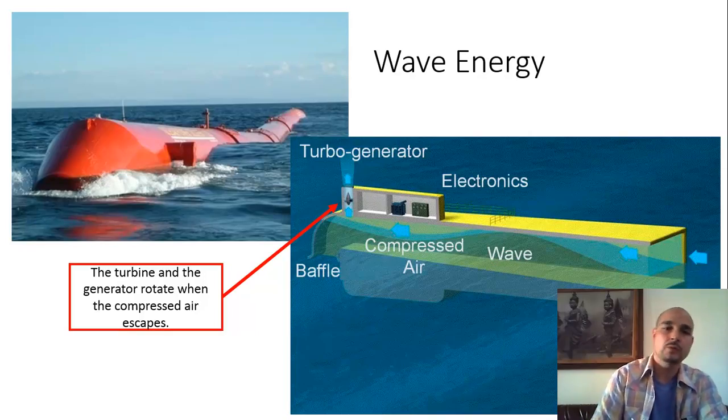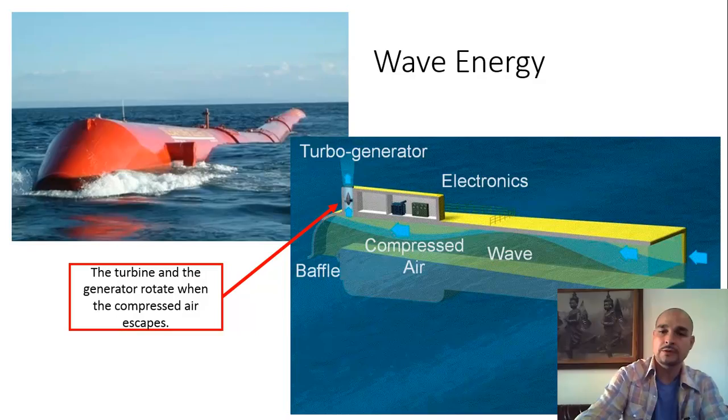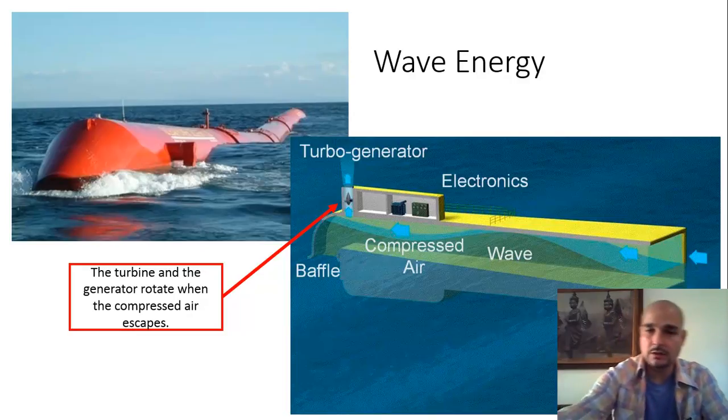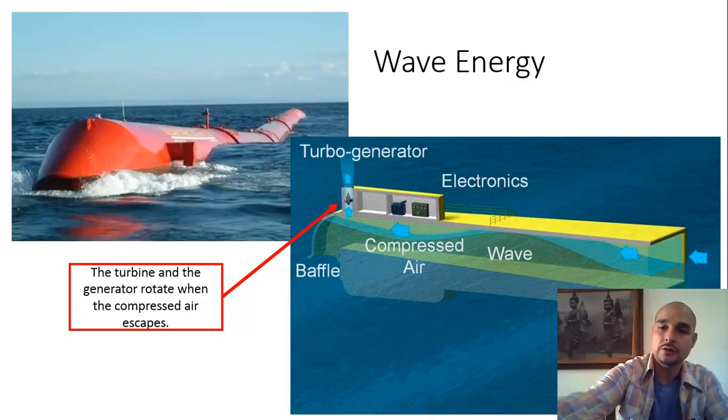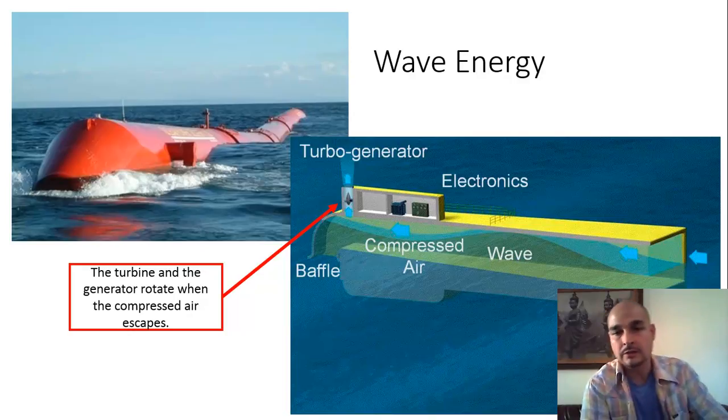Okay, another picture of wave energy. This one was along the shoreline, but this one is out to sea. You can see in the diagram that the waves come in on an open end, and they will compress air towards the opposite side of the machine.